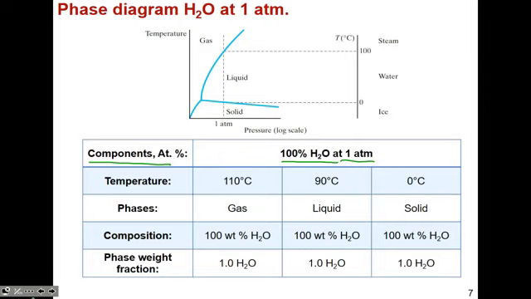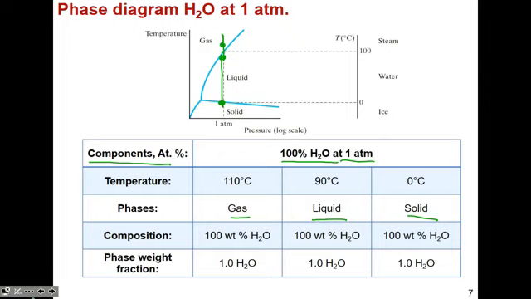If you drop the temperature, 110, 90, and then down to 0, you can see that at 110, you're in the gaseous phase. At 90, you're in the liquid phase. At 0, you're in the solid phase. Pretty standard.